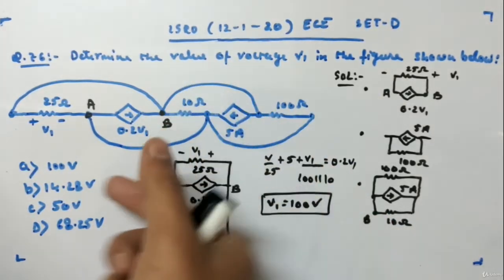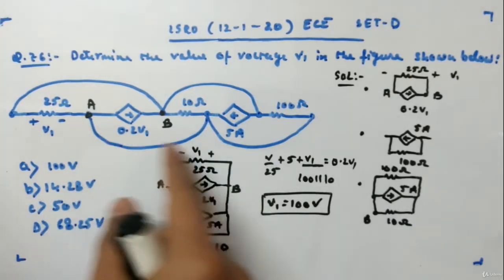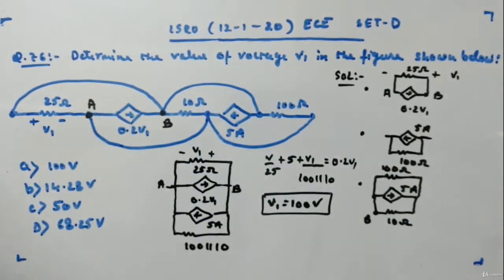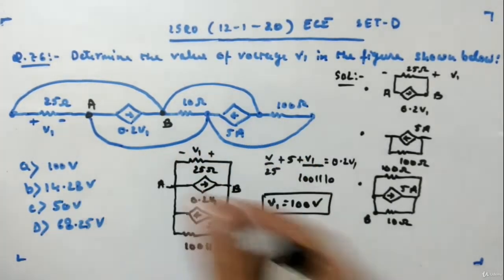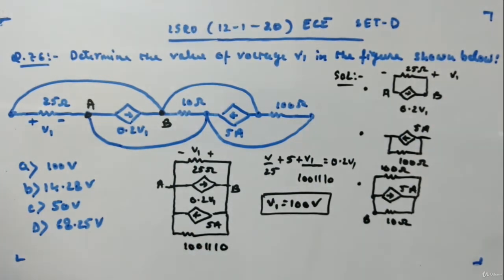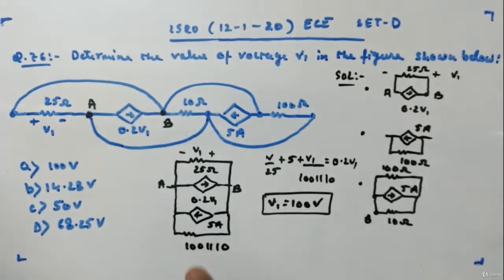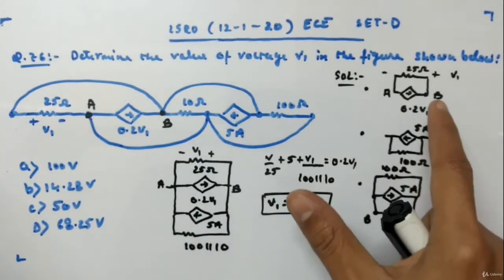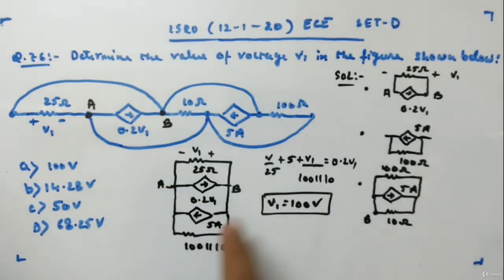So it will be rotated in this fashion. That's how you will get this. Okay, so if you rotate this, you will get 5 ampere current and 10 and 100 are in parallel. Okay, A, B. So that's how you get the whole circuit. It's a bit confusing, but if you go step by step, you will get it.